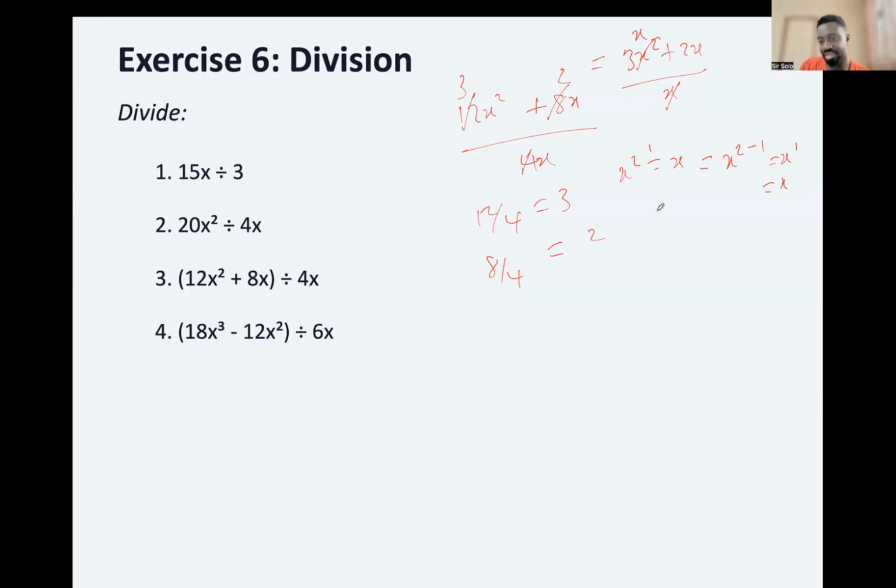And x divided by x is x raised to the power 1 minus 1, which is x raised to the power 0, which is 1. So now our final answer is going to be 3x plus 2. So here we get 3x plus 2.